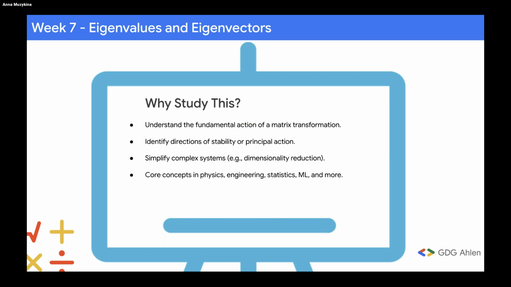Before diving into definitions, why should we spend time on eigenvalues and eigenvectors? Because they help us understand the core behavior of a linear transformation represented by a square matrix A. Instead of seeing the transformation as a complex mix of rotations, shears, and stretches acting on the whole space, eigenvalues and eigenvectors allow us to identify special fundamental directions.